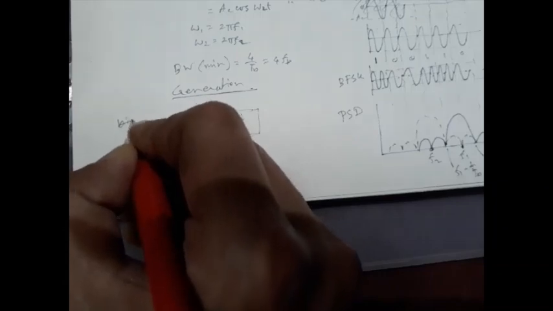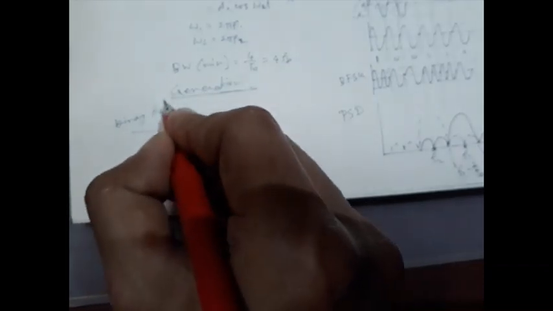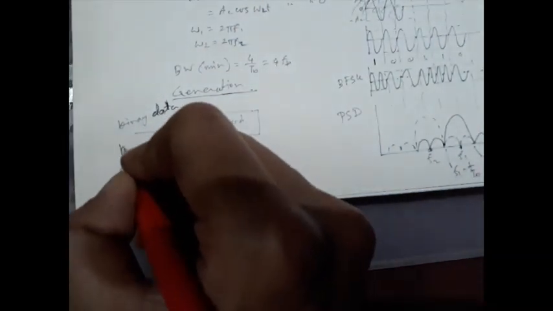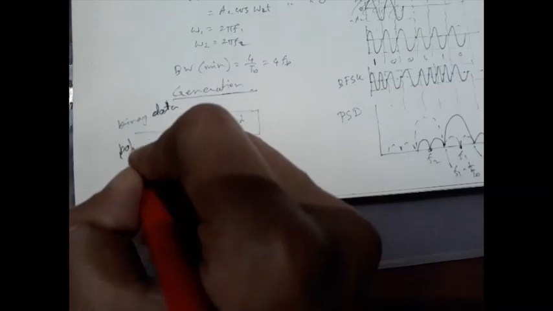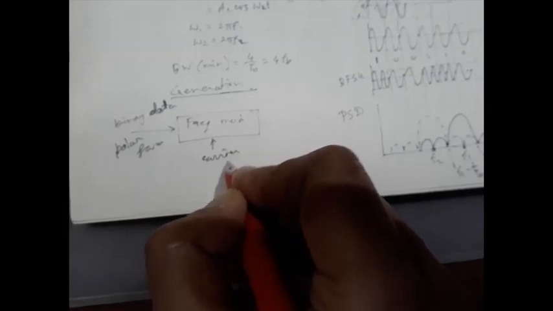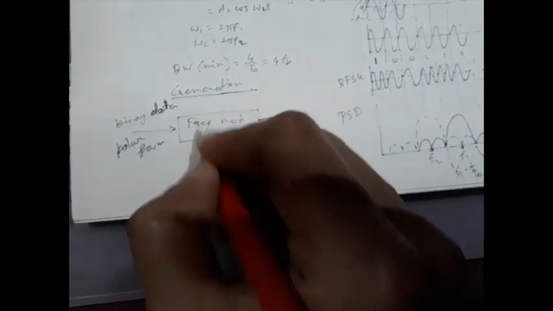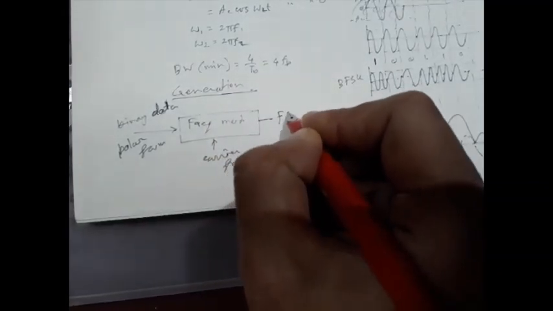The only thing is that here we have the binary data in polar form. Another input we have is the carrier frequency, that may be generated within this system as well. Here we have the FSK.